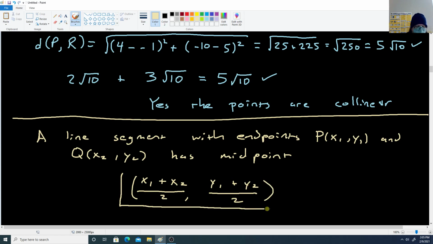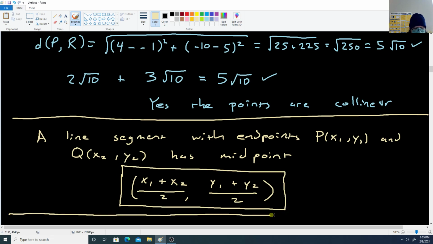This is our midpoint formula. So we'll do a couple of quick calculations with the midpoint formula. And then we have a little bit of plotting, and then that's basically the section.